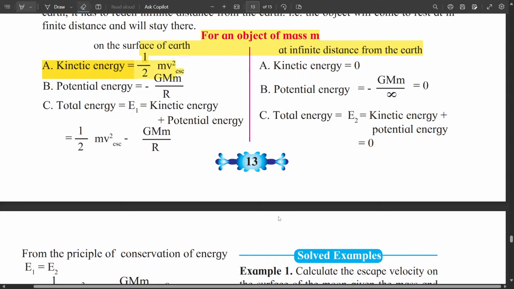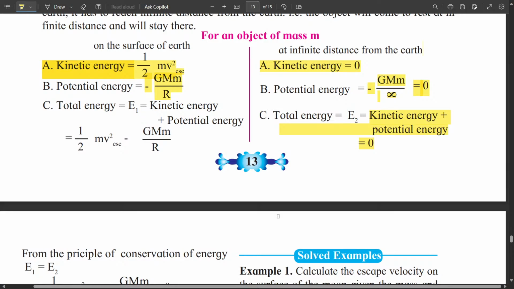Kinetic energy at infinite distance will be 0 because the object will come to rest at infinity. Potential energy at the surface of Earth is minus GMm upon r, whereas potential energy at infinite distance is again equal to 0. So total kinetic plus potential energy at infinite distance is 0.